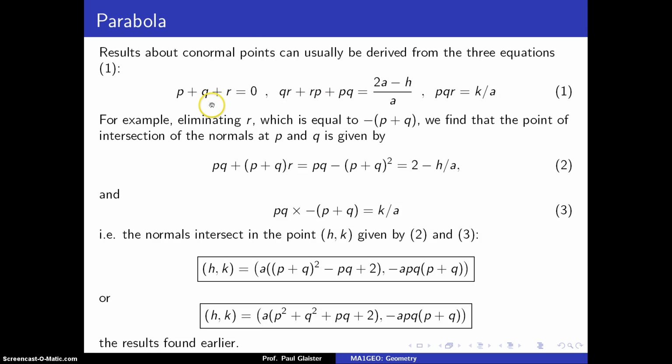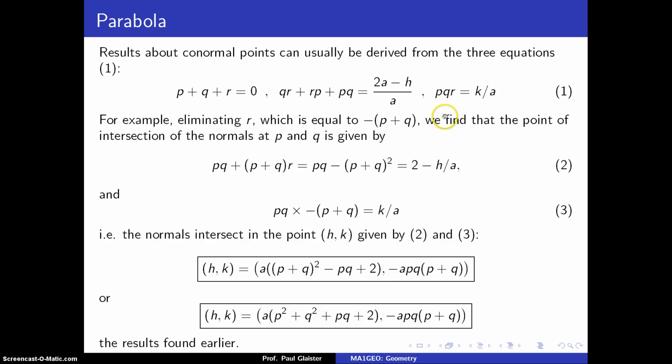So those three roots of that cubic equation satisfy this expression. Let us now eliminate between these three one of the parameters r by first of all from this first expression writing r as minus (p plus q). If we substitute for r from that into this middle equation, we have this expression, and on rearrangement we get that h can be written in terms of p and q, and it will be this expression here.